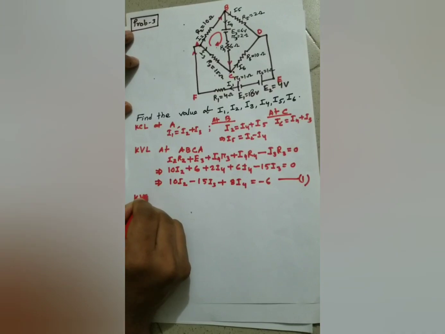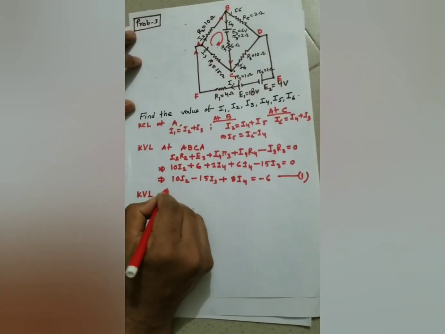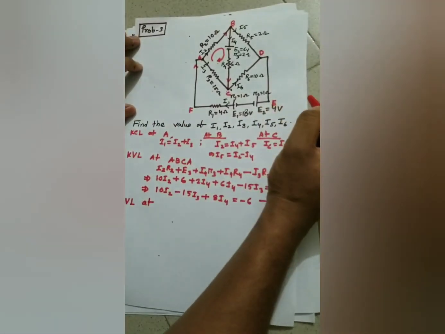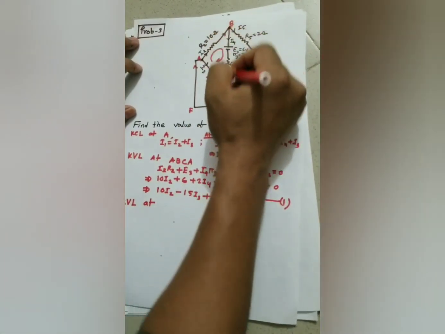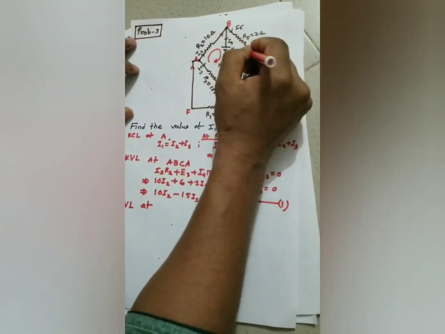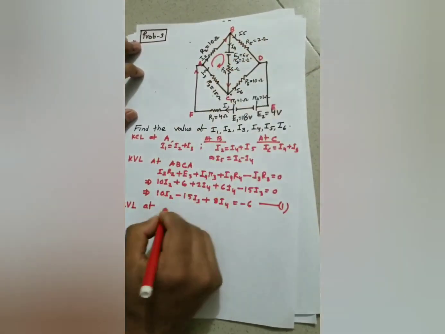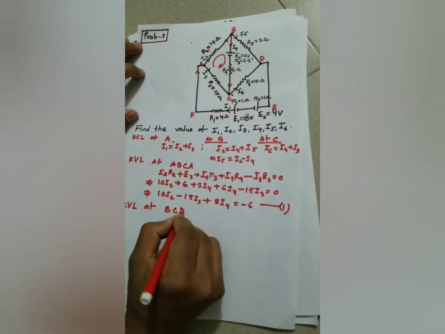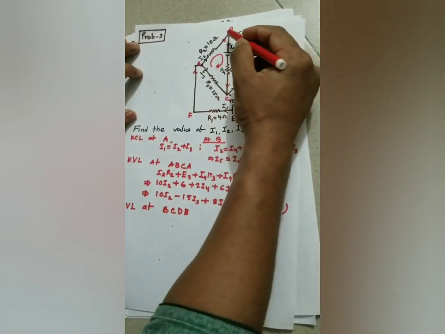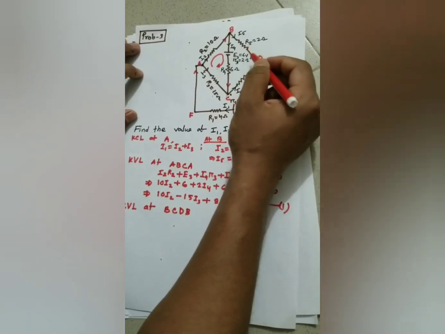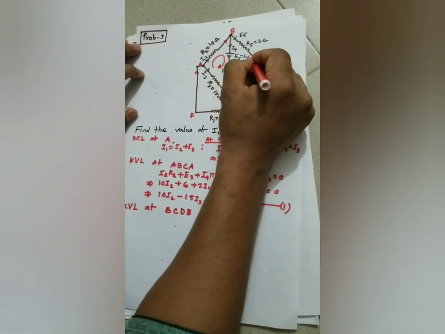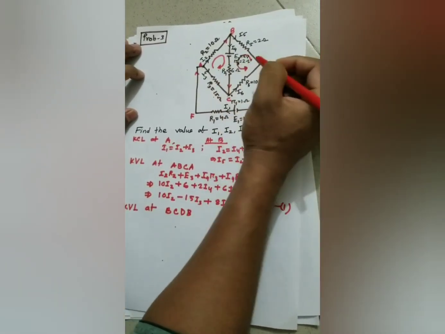Now KVL at B, C, D, B. So if we move B, C, D, B, this is anticlockwise.